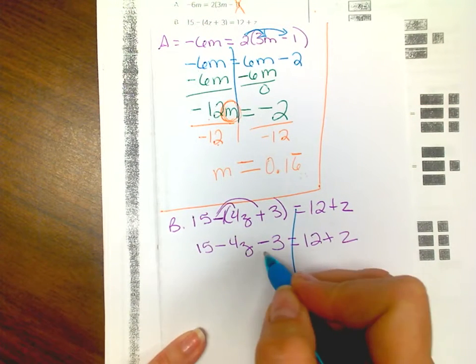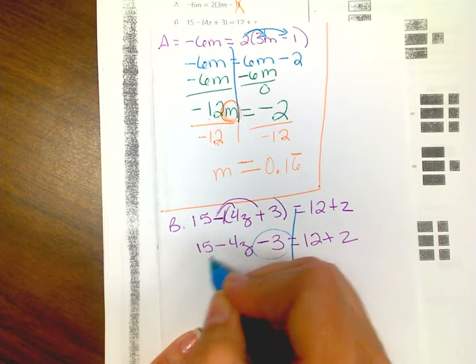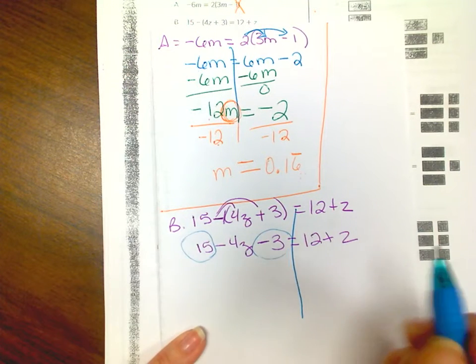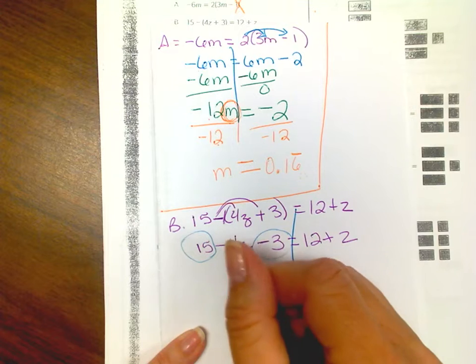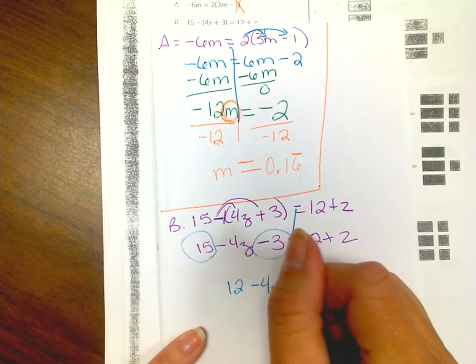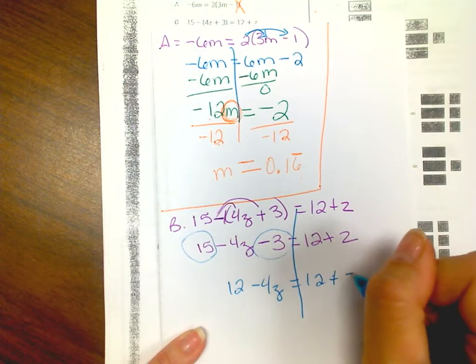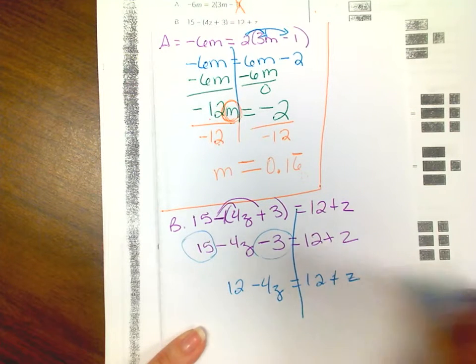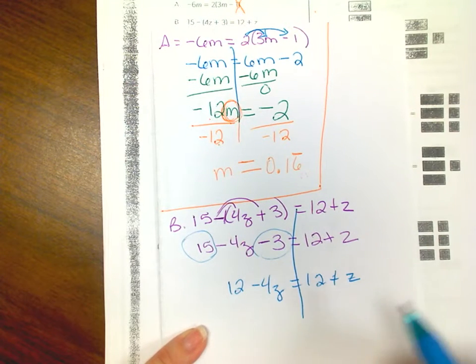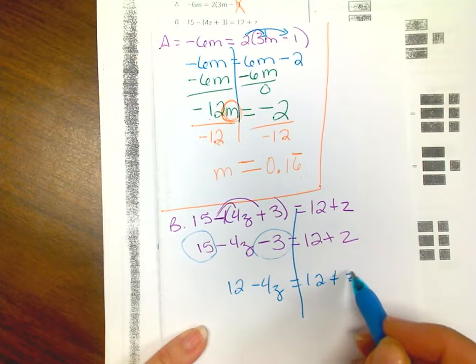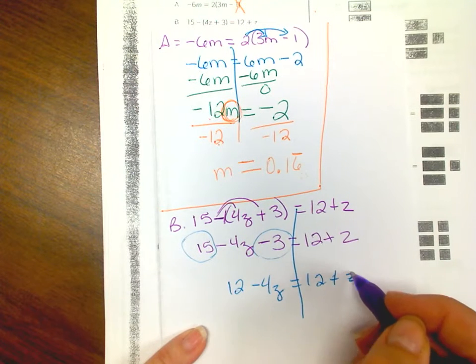I want to get my whole numbers together. So 15 minus 3 is 12 minus 4z equals 12 plus z. Probably need to do that. I want my z's on the left-hand side.